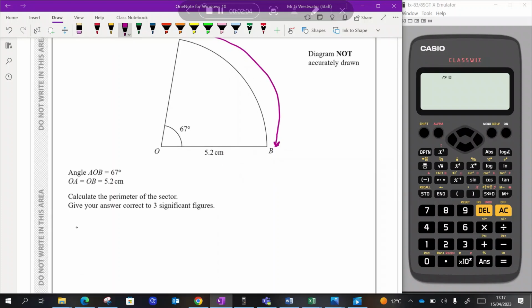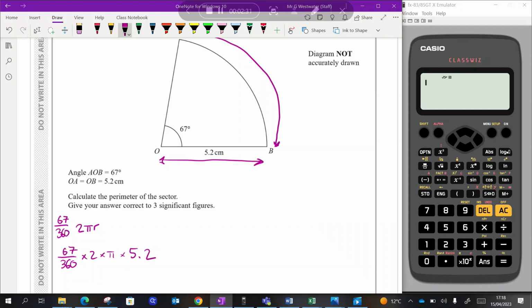So instead of working out 2 pi r for the full circumference, I need to do 67 360ths of this for just that bit of the arc. So if my radius is 5.2, this will be 67 360ths of 2 times pi times 5.2.